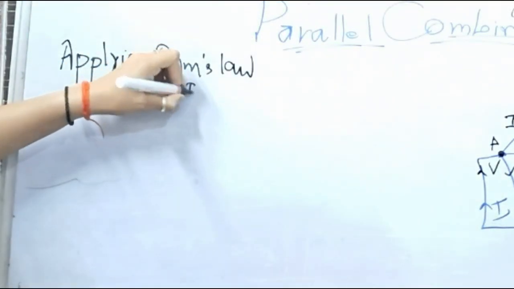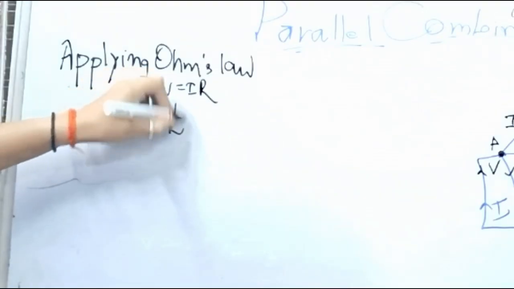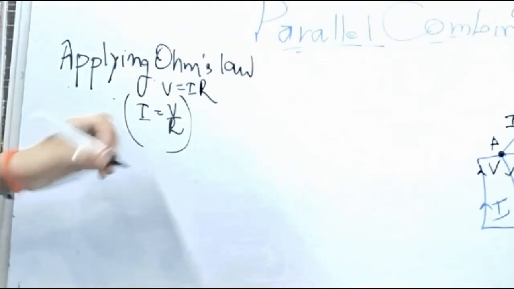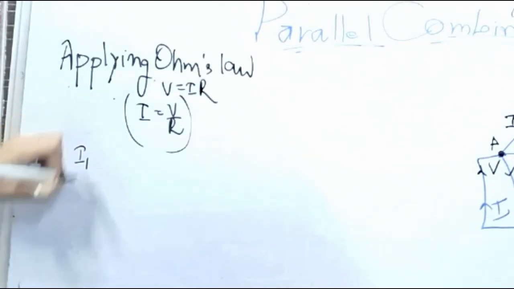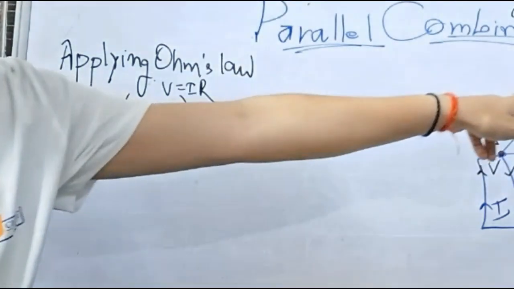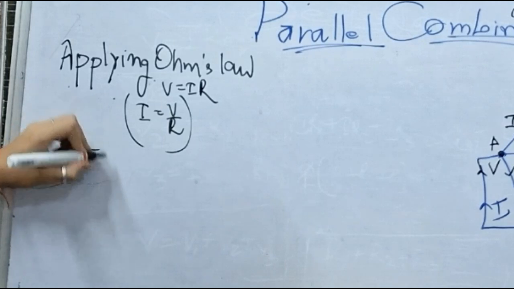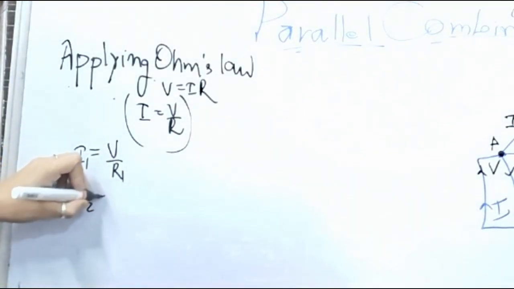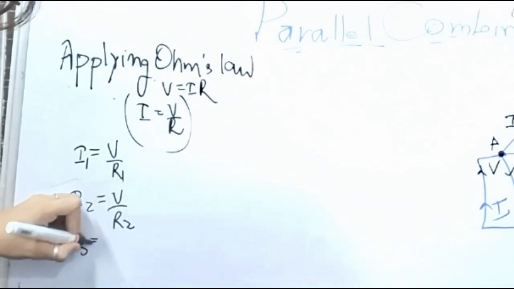V is equal to I R, I is equal to V by R. We will apply this because in this current is getting changed. So across R1, I1 current is flowing. So I1 is equal to V upon R1. I2 is equal to V upon R2. I3 is equal to V upon R3.